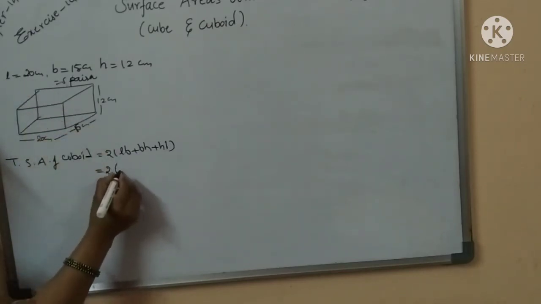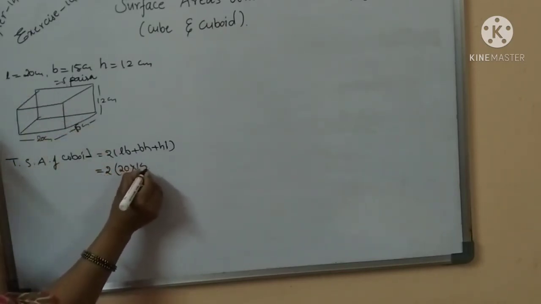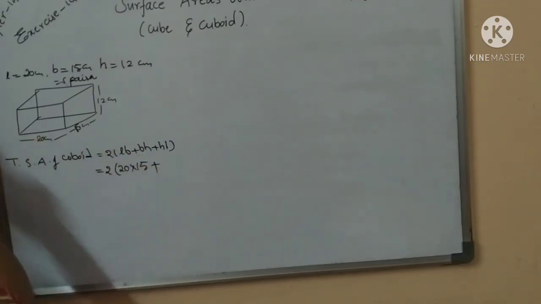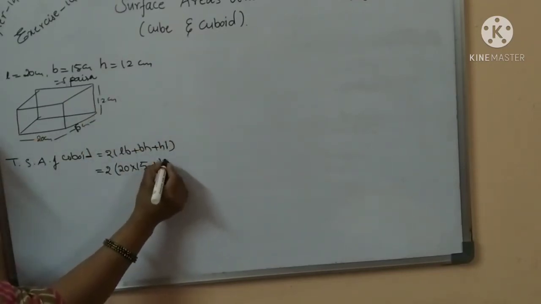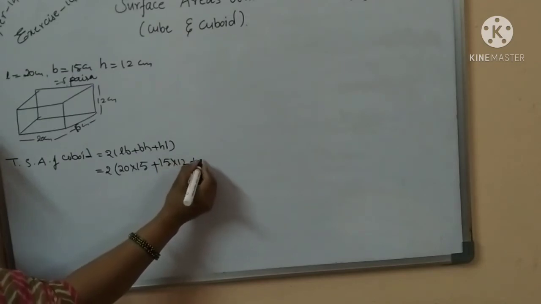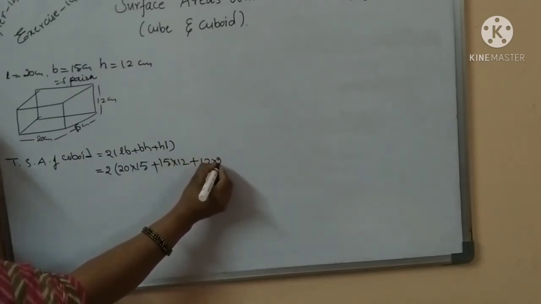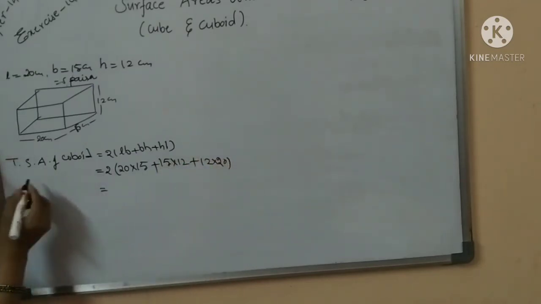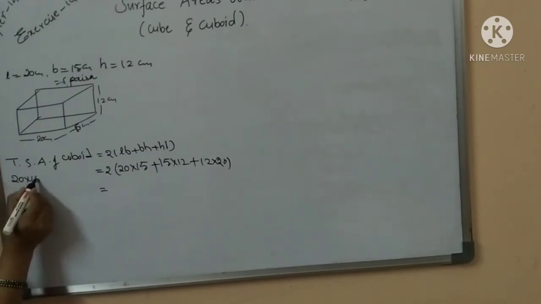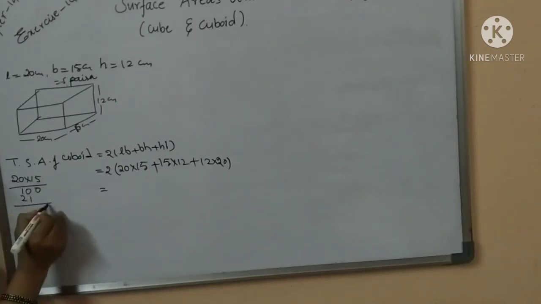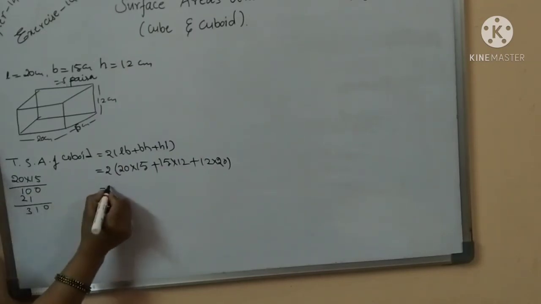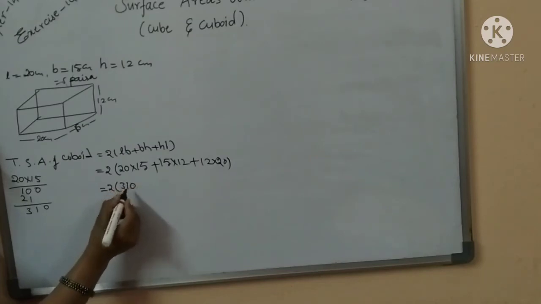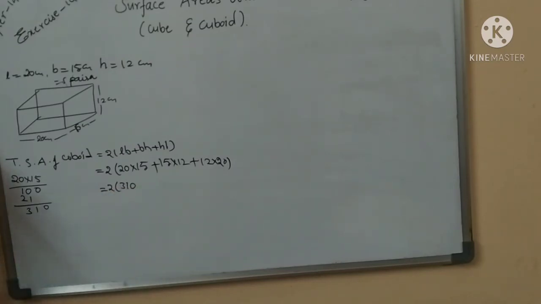2 into l is 20, into b is 15, plus b into h, 15 into 12, plus h into l. 20 into 15 is 300.